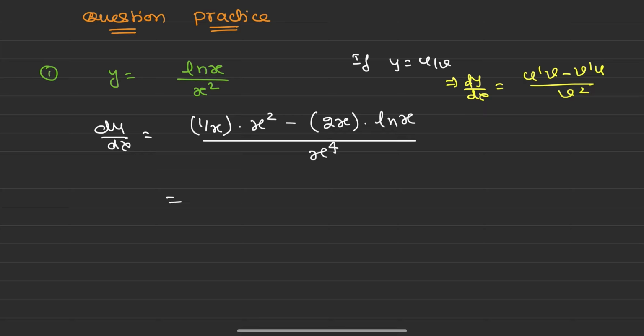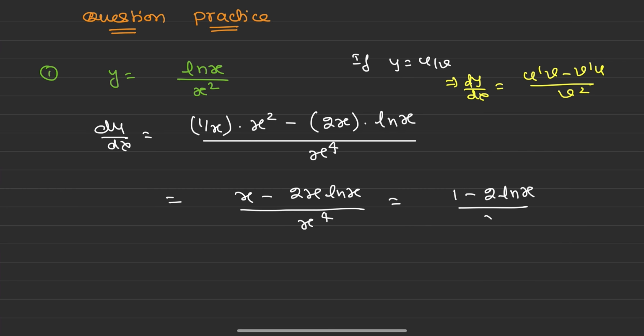If you simplify it, x minus 2x log x divided by x to the power of 4. If we take x common from here, 1x and 1x will get cancelled out. What is left here? 1 minus 2 log x divided by x cube. It will be our correct answer. Now let's go to the next question.